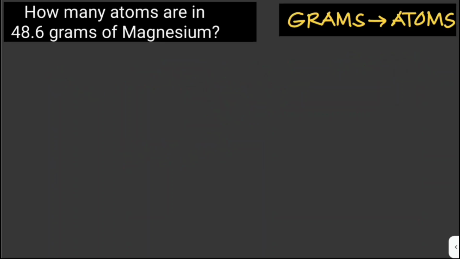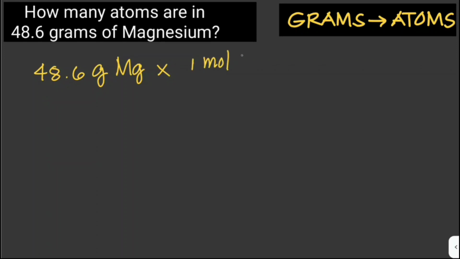So that is 4 times 55.9. Okay. The next problem is how many atoms are in 48.6 grams of magnesium? So we're given here the number of grams of magnesium, and then we convert this into atoms. So 48.6 grams of magnesium. Okay, we need the molar mass of magnesium from the periodic table.